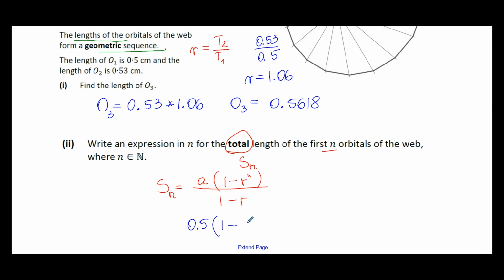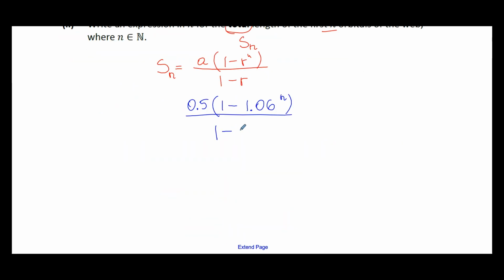1 minus R, we know 1.06, and that is taken to the power of n, divided by 1 minus 1.06. So what can we do here? Well, there are a few ways we can go about calculating. You can multiply the bracket by 0.5.